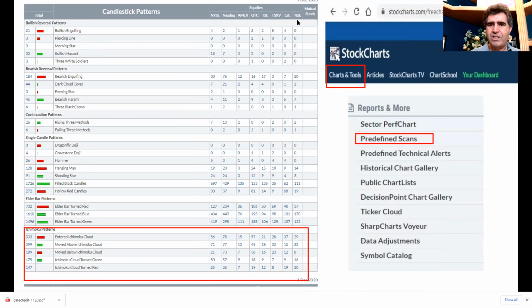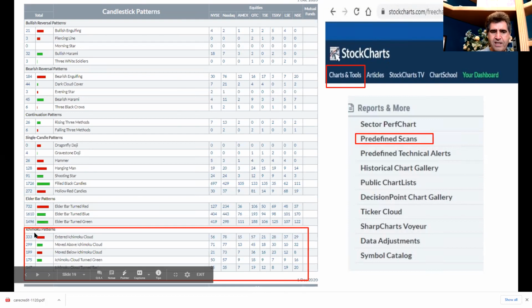They give you all kinds of different screens for the stocks that you could hold from different exchanges. So we go down here, and it says Ichimoku patterns, some in green.